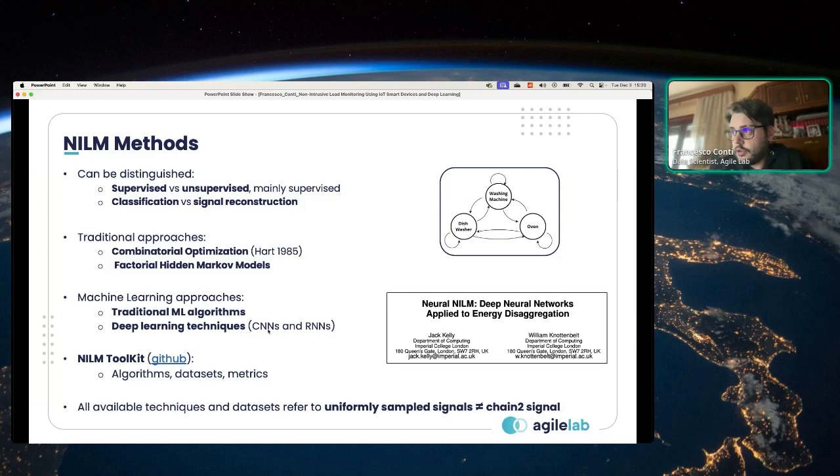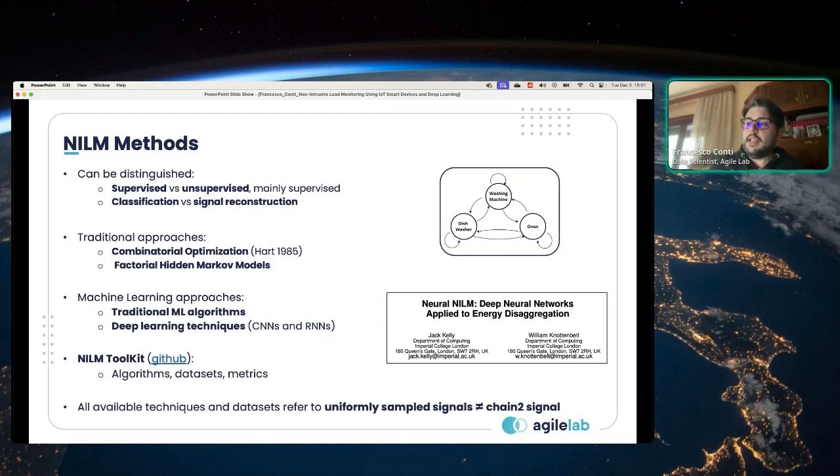We have convolutional neural networks and recurrent neural networks. The first attempt to apply these networks to this field was done by Jack Kelly in this paper, Neural NILM. Jack Kelly is also the author of this open source toolkit on GitHub that implements all of these algorithms, but also defines standard interfaces for datasets and metrics for benchmarking.